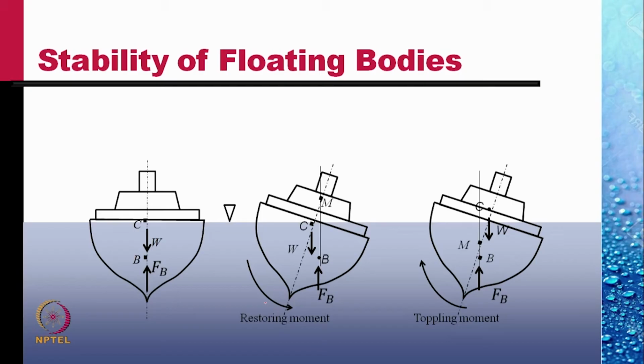Then the buoyancy center, even if it shifts to the right, the center of gravity shifts to the right more, and the two forces, the buoyant force and the weight force, form a clockwise couple, which is a toppling moment because it will topple the ship and the ship might turn turtle.